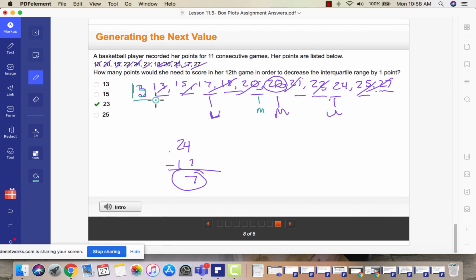And then if we were to find our lower quartile, it would be in between 15 and 17, which would be 16. And then our upper would be 23. And then 23 minus 16 is 7. So that is the same.